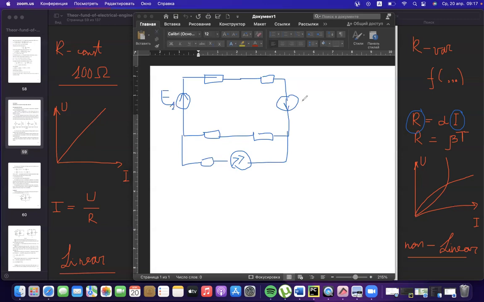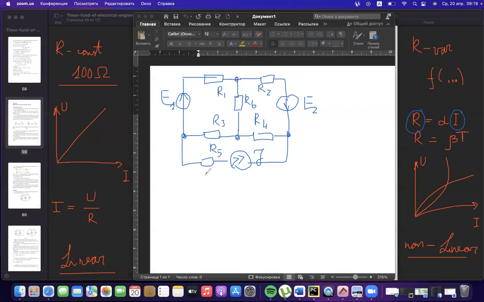Two electromotive forces, E1 and E2. You have current source J. You have a couple of resistors, R1, R2, R3, R4, and R5. Our system. And for example, the last resistor, R6.